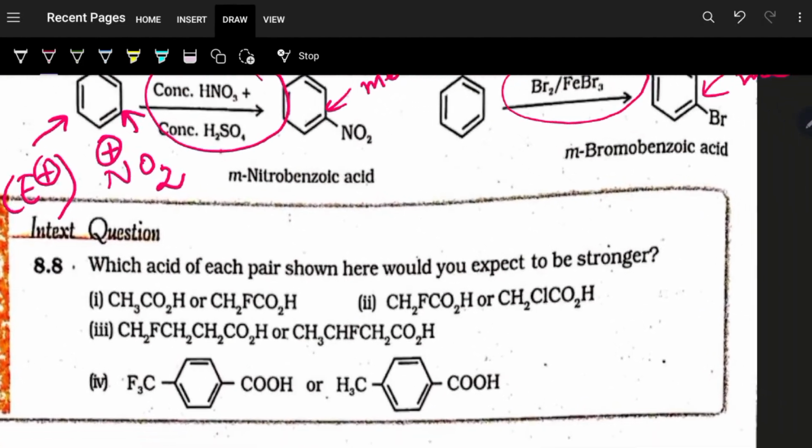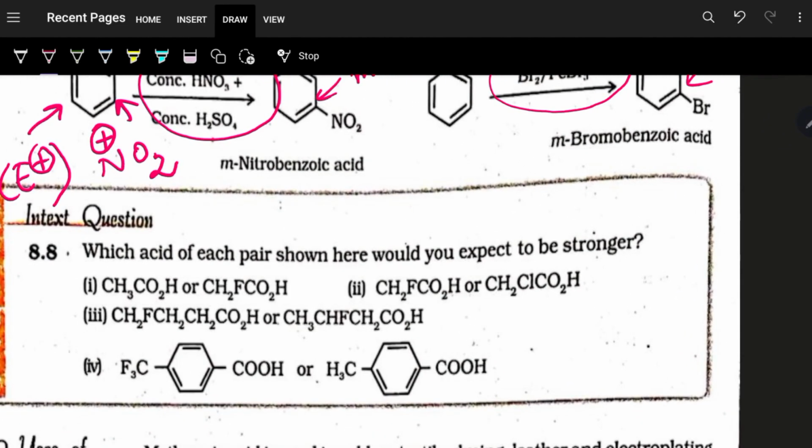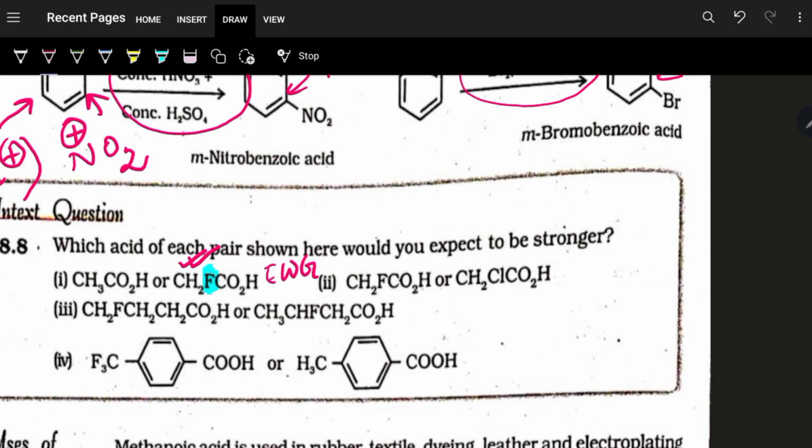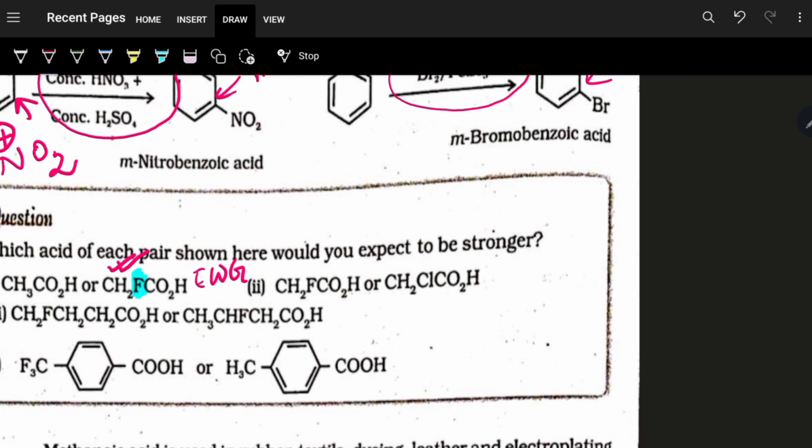The intext question: which is more acidic, CH3COOH or CH2FCOOH? Fluorine is an electron withdrawing group, and hence the acidic nature is greater here because it releases H plus easily and stabilizes the conjugate base, the carboxylate ion.